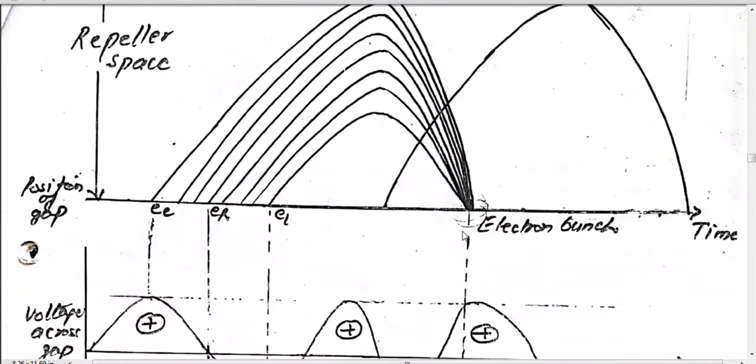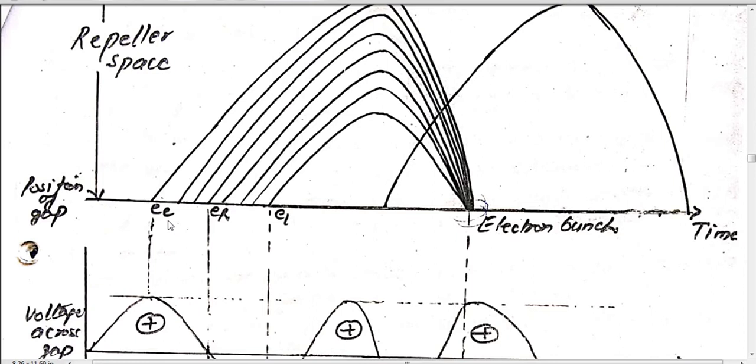Now this reference electron is traveling with the same velocity, or we can say there was no increase or decrease in its velocity, and the early electron has higher speed than the reference electron, and it penetrates deep into the repeller space.